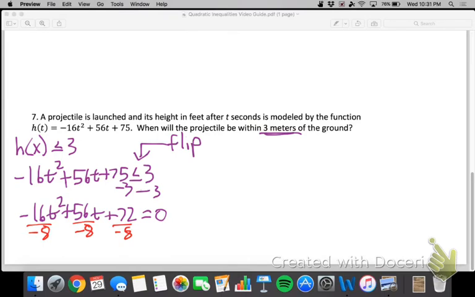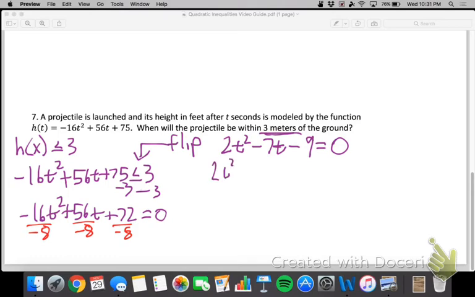So, now we have positive 2t squared minus 9t. Just kidding, that's not 9. 7t and minus 9. And now we can factor this one.